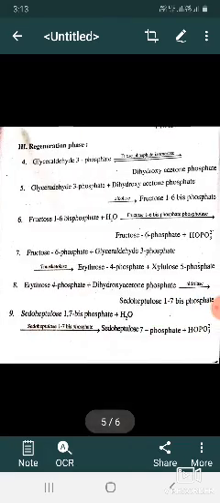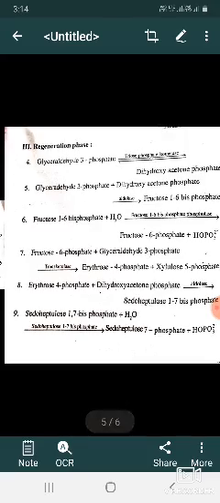Third, regeneration phase. Glyceraldehyde 3 phosphate gives rise to dihydroxyacetone phosphate by triose phosphate isomerase.